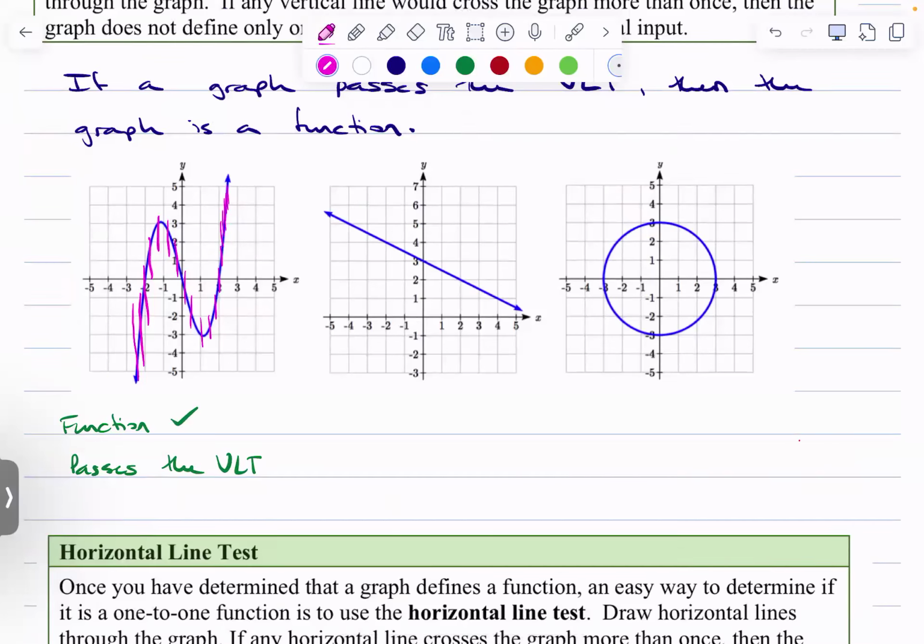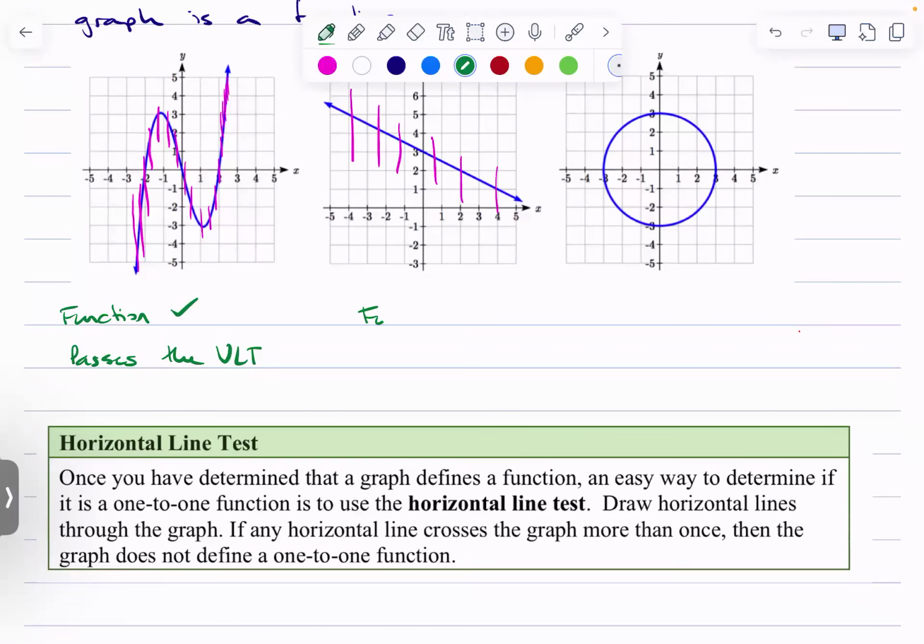I wish it had started with this first one. So a line, if I imagine some vertical lines, I don't see any point where it's going to cross more than once. And so again, this is a function because it passes the vertical line test.